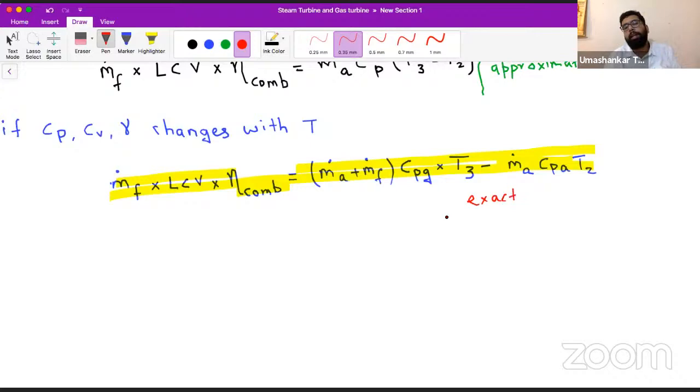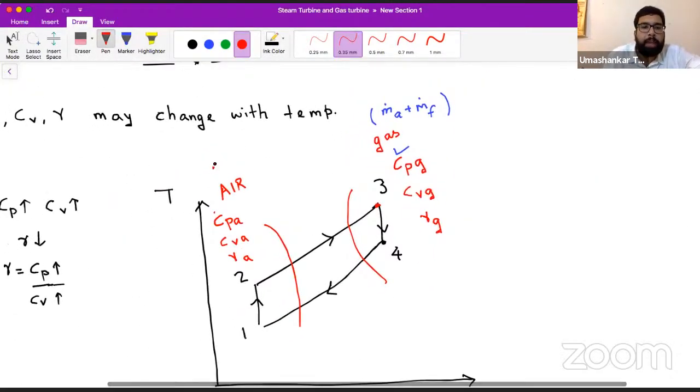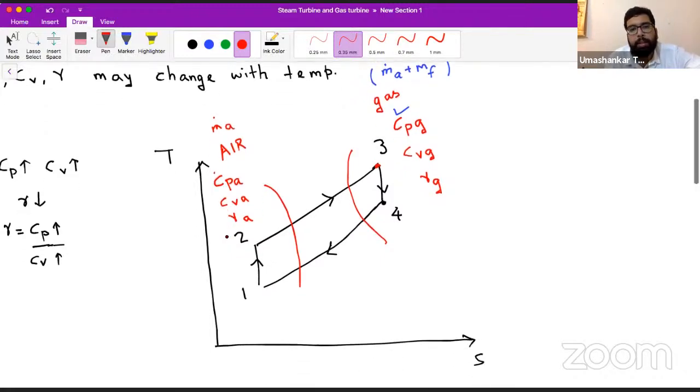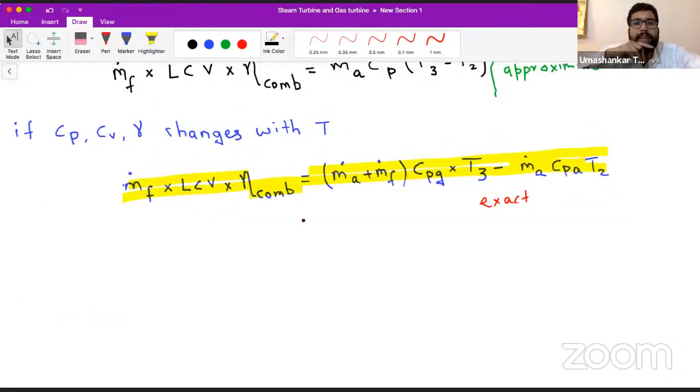Because here we have the mass flow rate m dot A, the temperature is T2, the specific heat is CPA. So we are doing nothing but differencing. We are just subtracting the energy at point 3 minus the energy at point 1. We are doing an enthalpy difference.